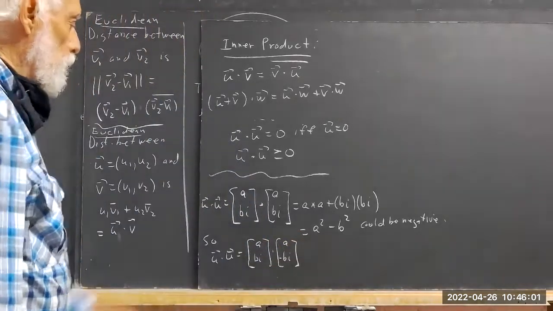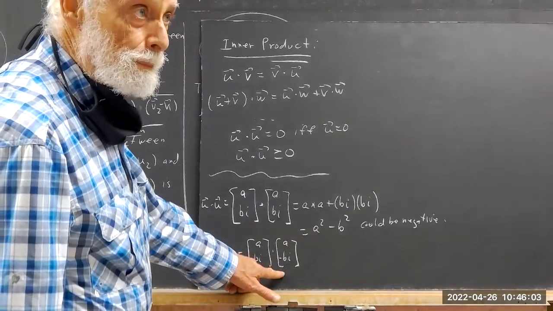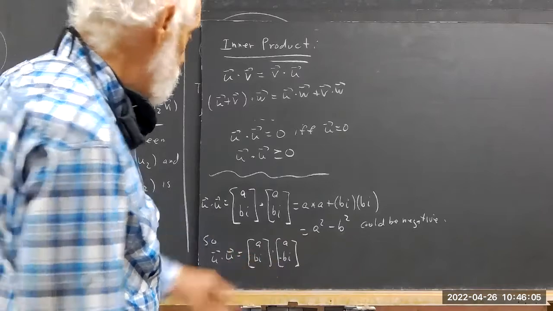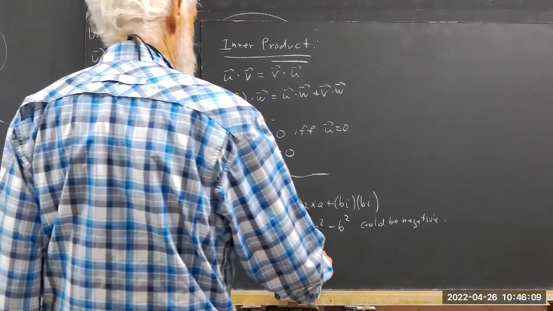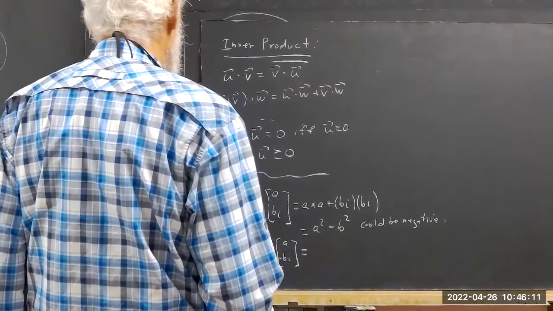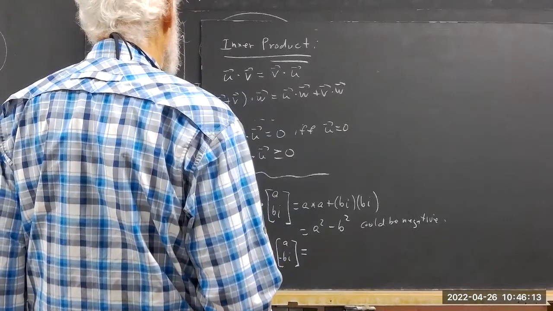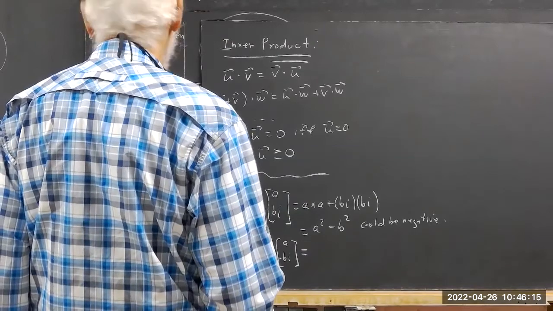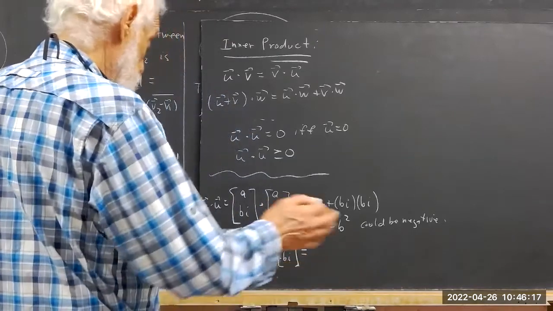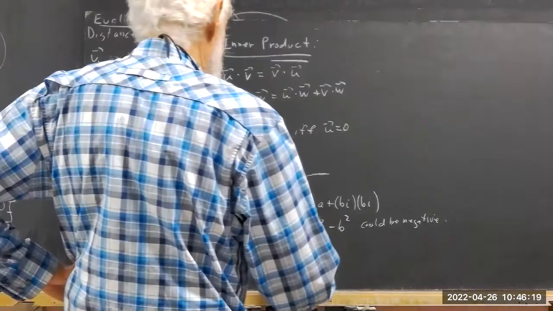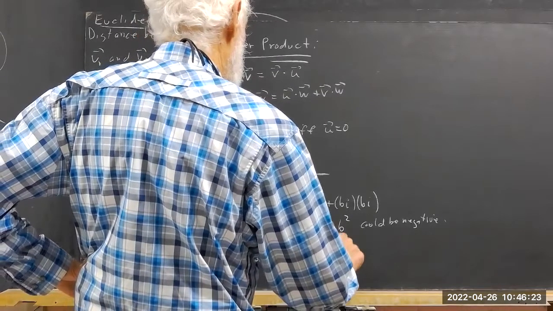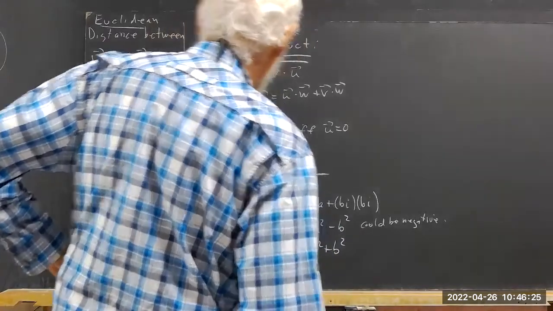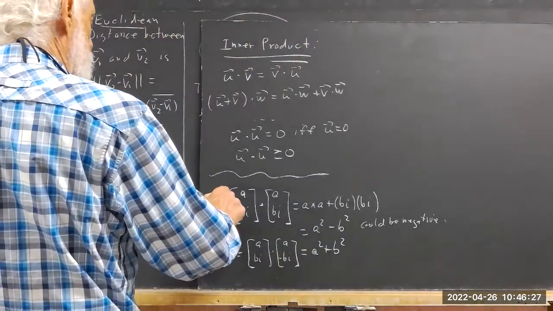It's like a dot product of the conjugate. I'm messing up notation here, but there's the idea. And this would be A squared plus B squared.